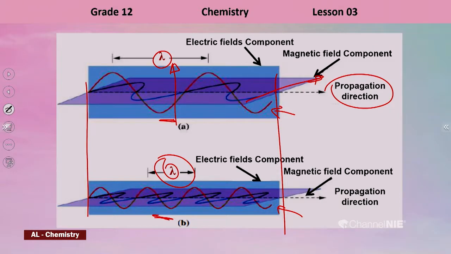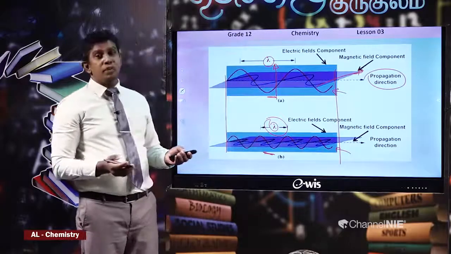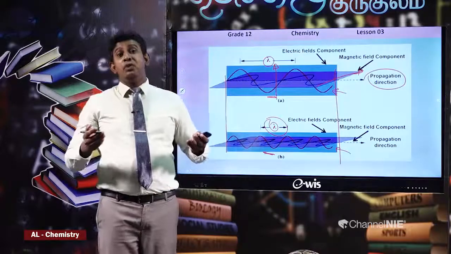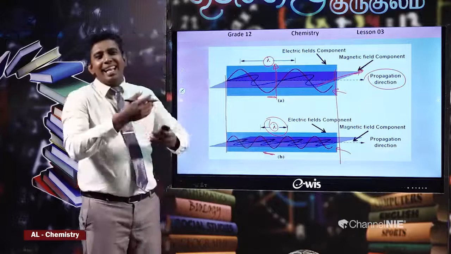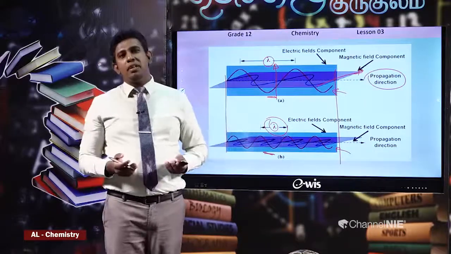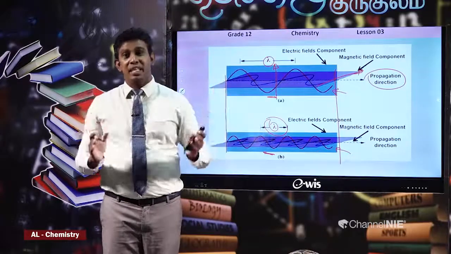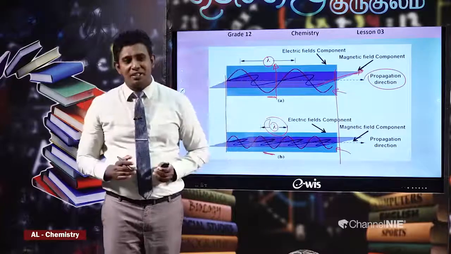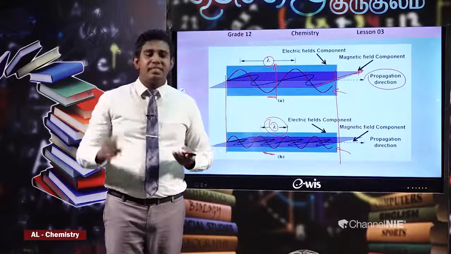So with an increase of wavelength you could find a decrease in the number of waves, meaning the frequency, the number of waves produced or passed by within a unit time. In the other sense, with a decrease in the number of waves confined within a given range, the wavelength could be found increased.